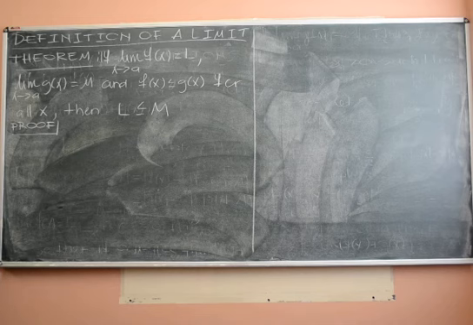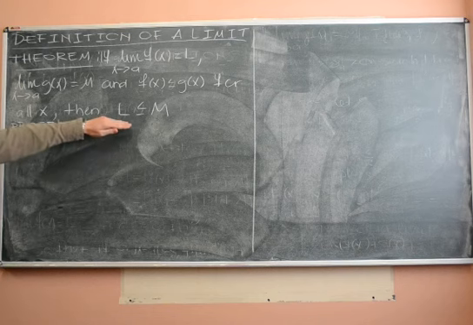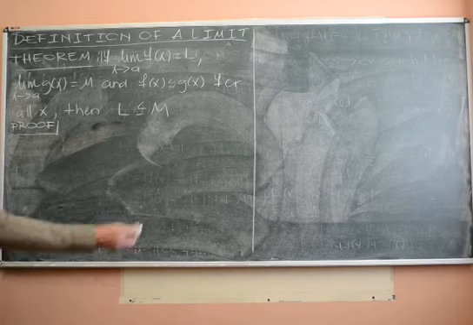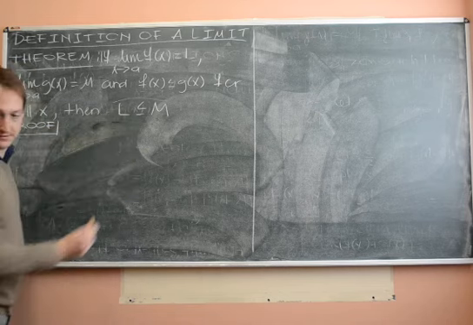Now this proof is interesting because it uses an important method of proof in mathematics, and that is proof by contradiction. How that works is we assume that the conclusion isn't true.